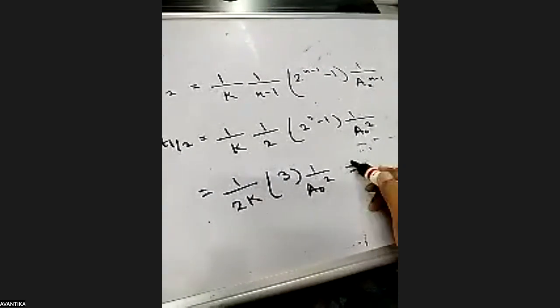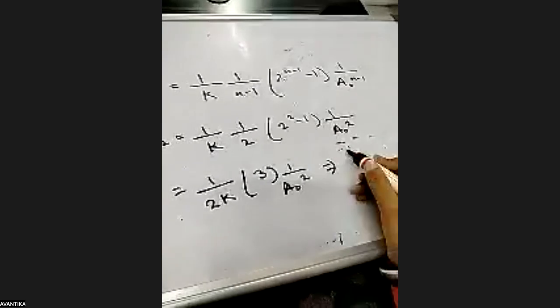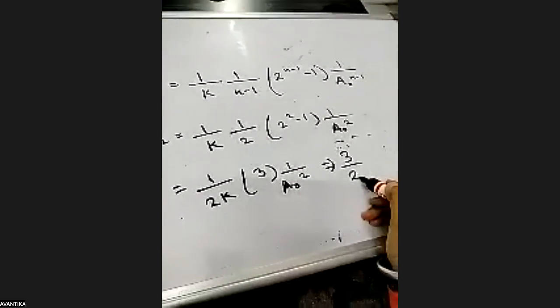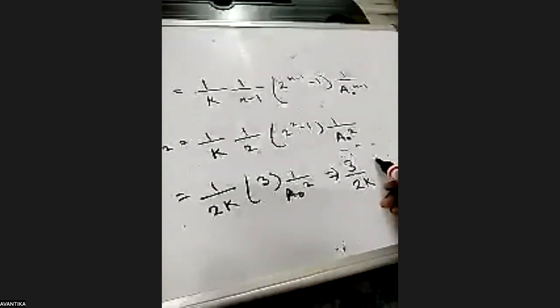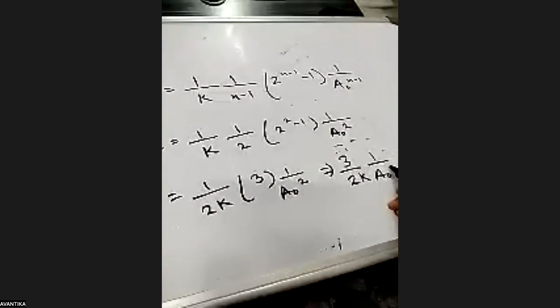So the expression for t half for third order reaction is 3 by 2k into 1 upon A naught square.